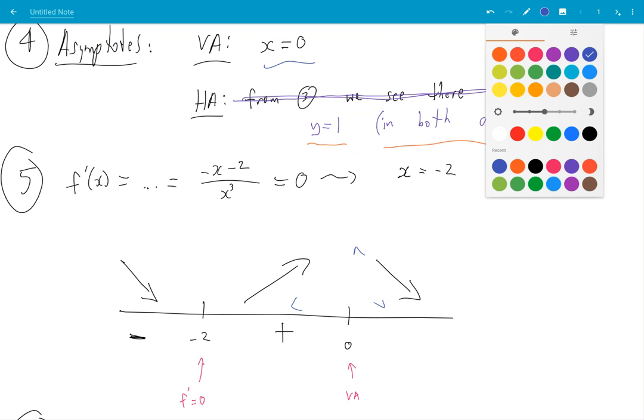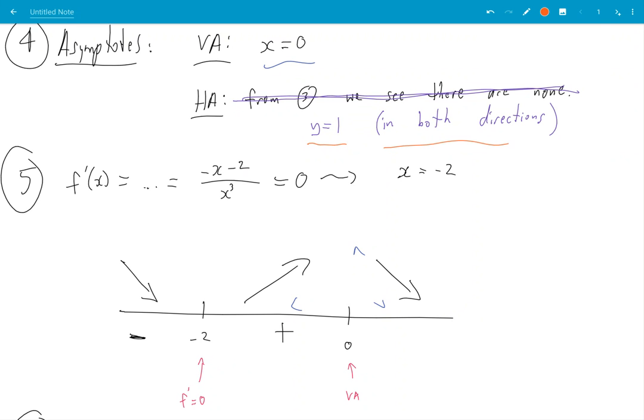So I take a derivative. I'm not showing my work here. Fill in the blanks if you're at all concerned. Take a derivative, set it equal to 0. The numerator must be 0. So x has to be minus 2.